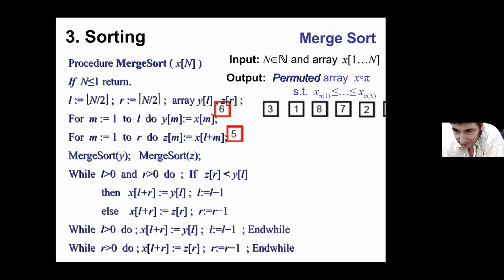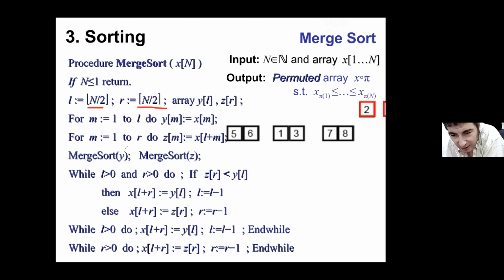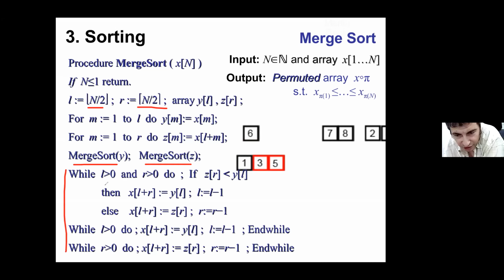Now, just briefly, what was the idea of the MergeSort? The idea was to split the array into 2 halves, sort the 2 parts, and then recombine them.